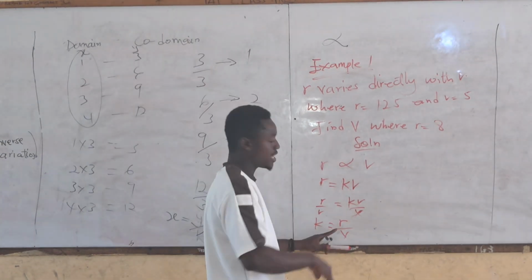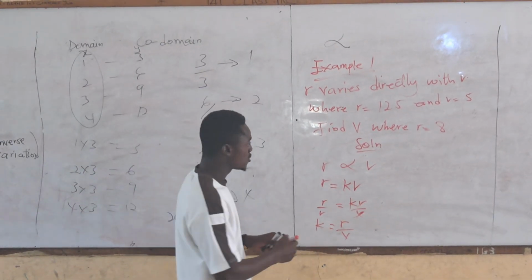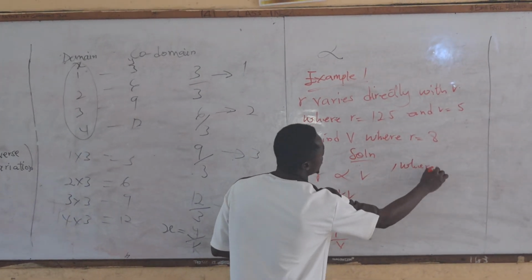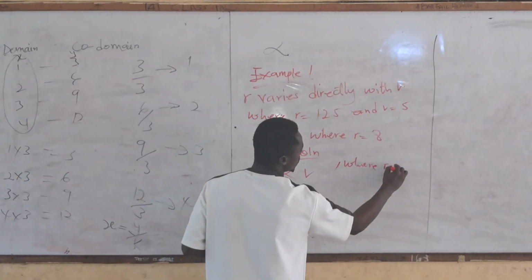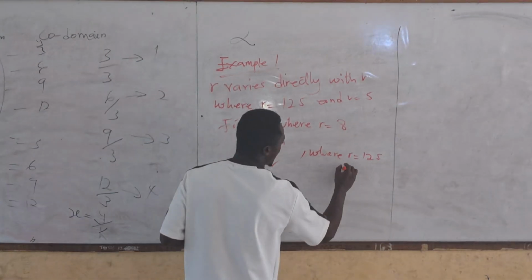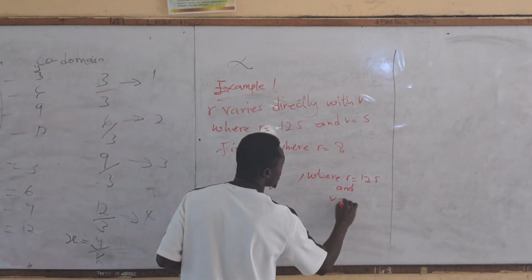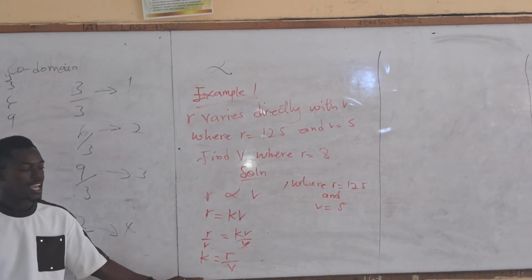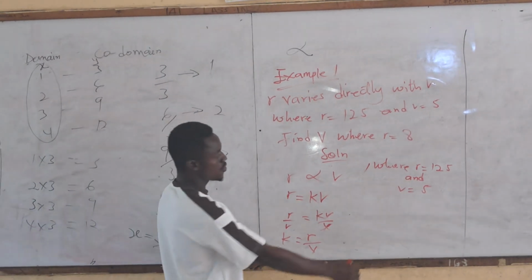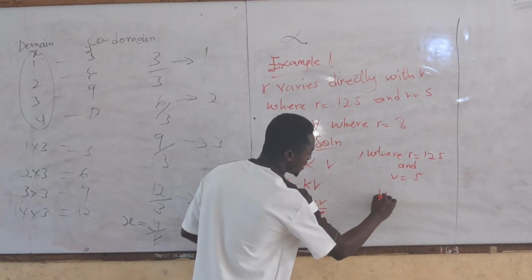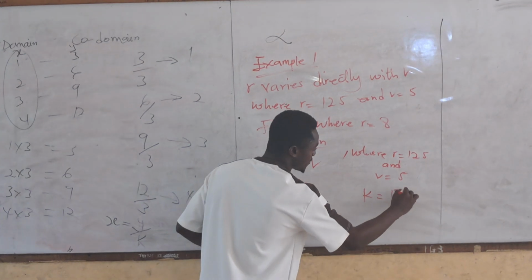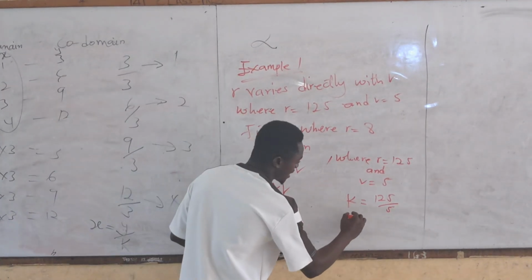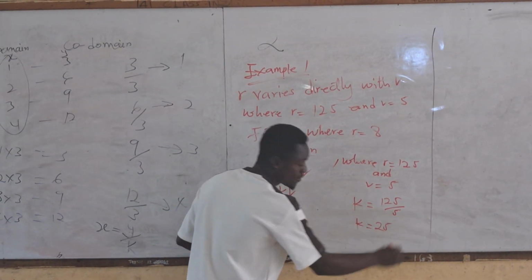So we will substitute those values here to find our K. From the question, where R is equal to 125 and V is equal to 5, we are going to have K equals 125 over 5. So therefore our K is equal to 25.